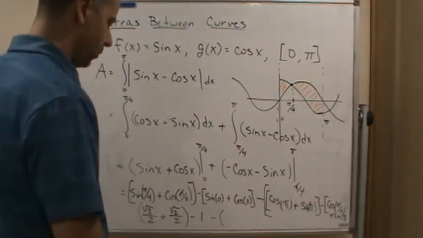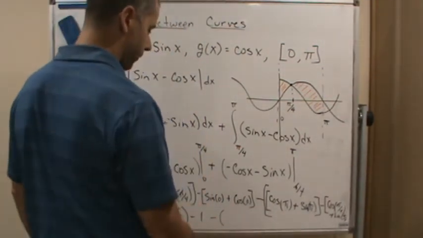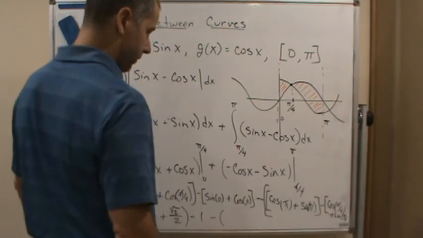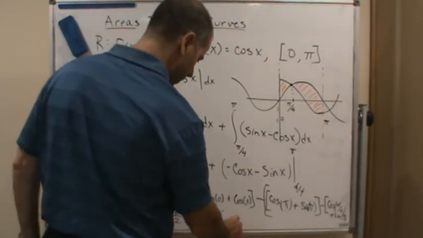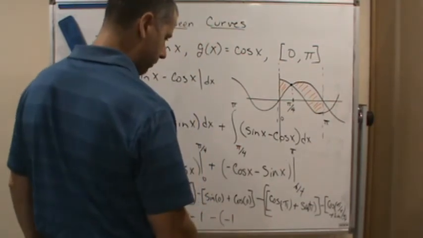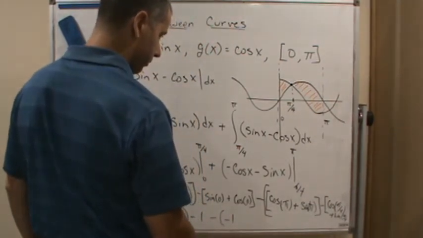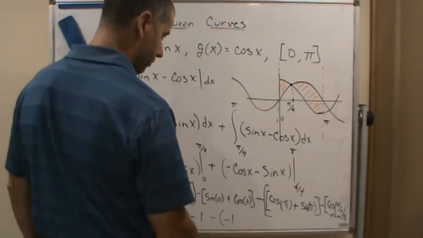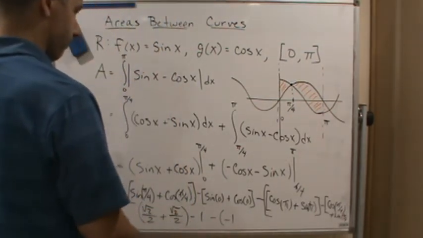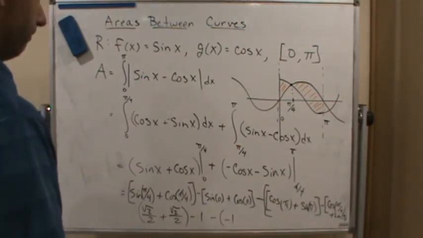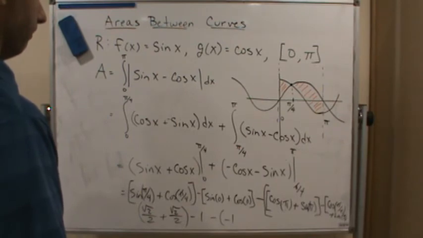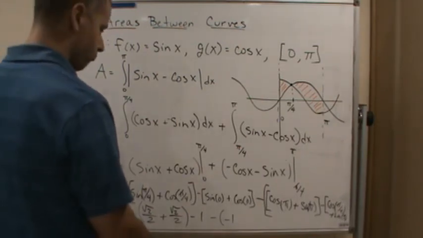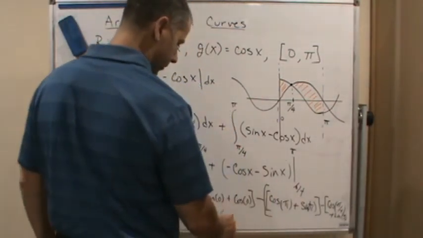Cosine of pi is negative 1, and sine of pi is 0.